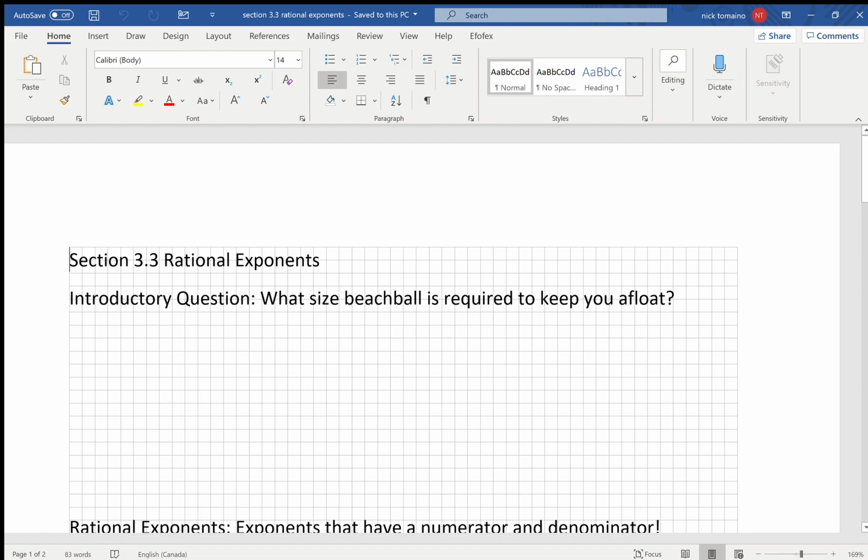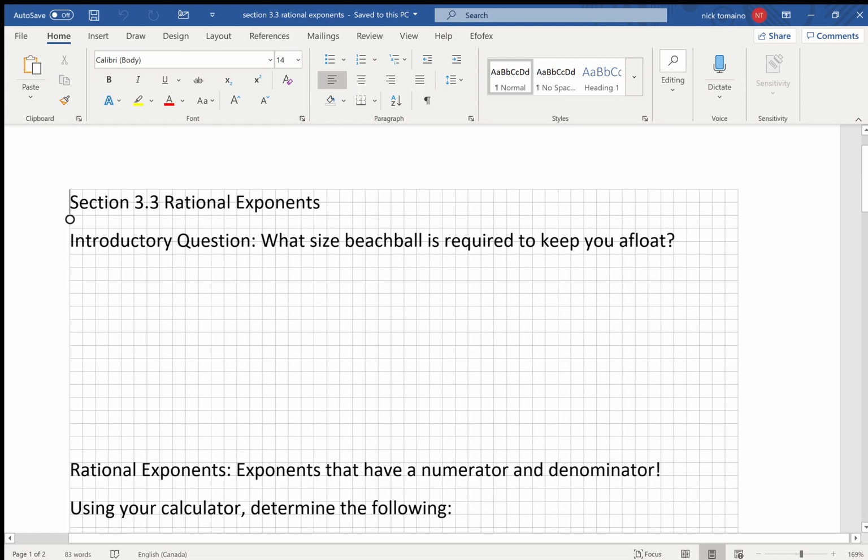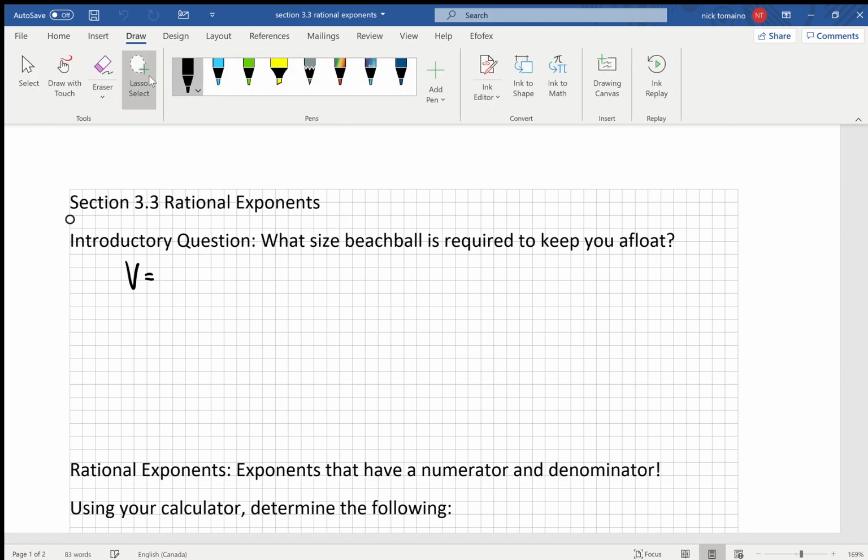All right, so to start off, we would write the formula for the volume of a beach ball. So the volume of a ball is equal to 4/3 pi r cubed. Okay, so now to figure out the size of a beach ball to keep you afloat, essentially what you do is you figure out how much water the beach ball will hold, and the weight of that water has to equal your body weight.